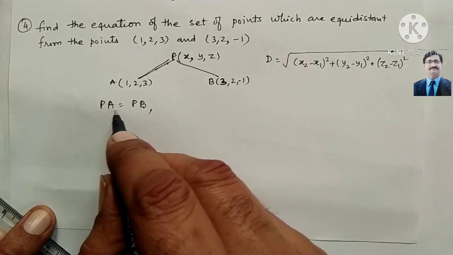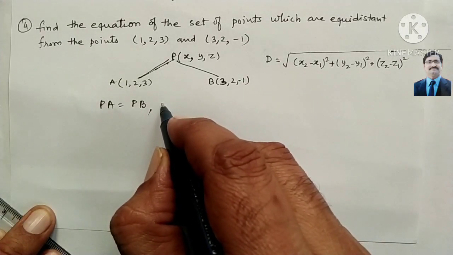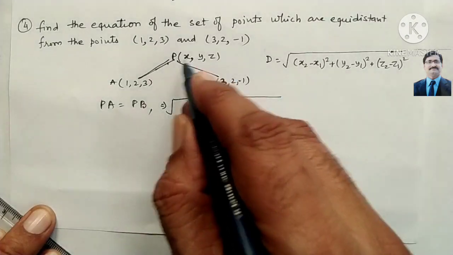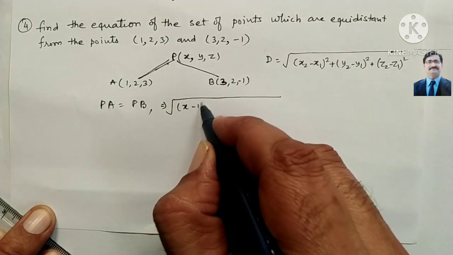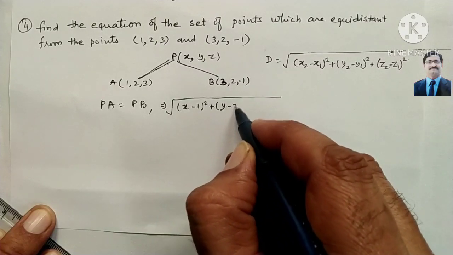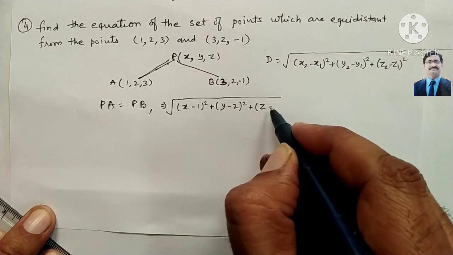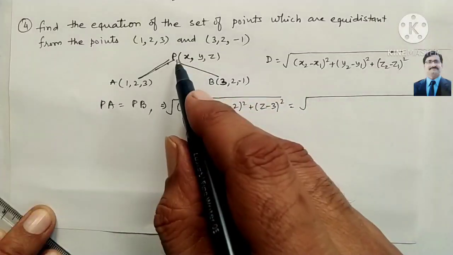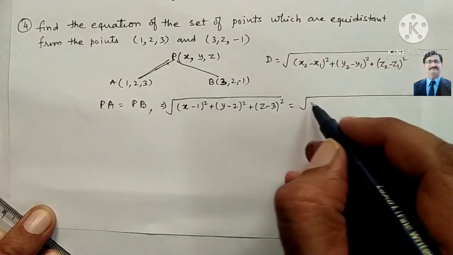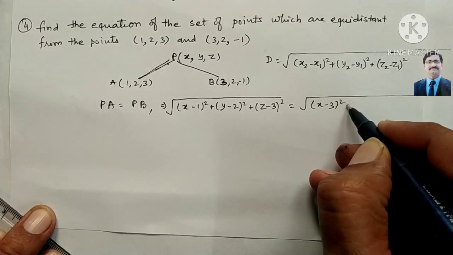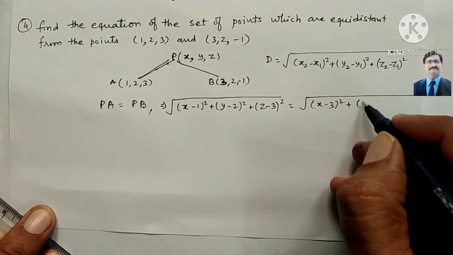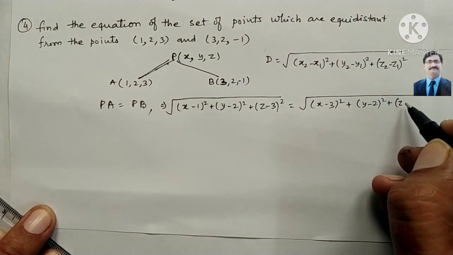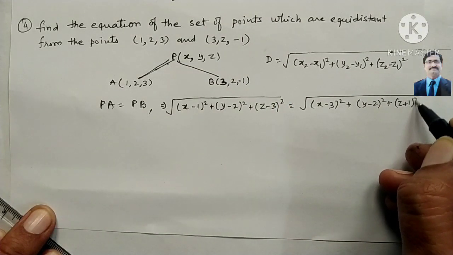So first we find PA distance, and PA distance will be equal to, we can write, root of x minus 1 whole square plus y minus 2 whole square plus z minus 3 whole square, and this is equal to PB distance, x minus 3 square, y minus 2 whole square, and plus z minus of minus 1 whole square, means z plus 1 whole square we can write.